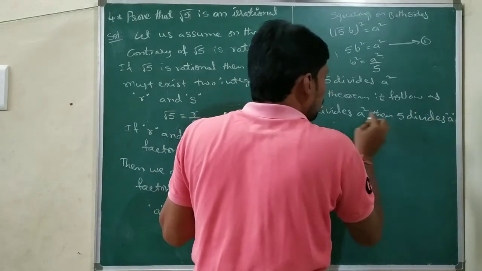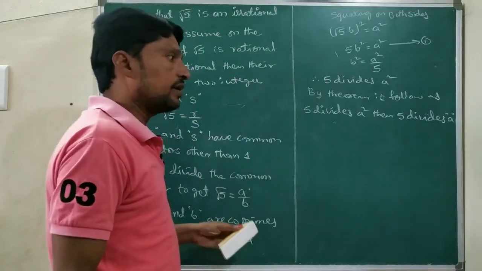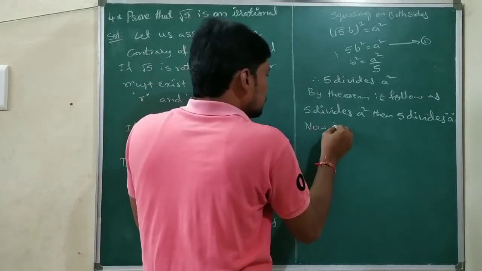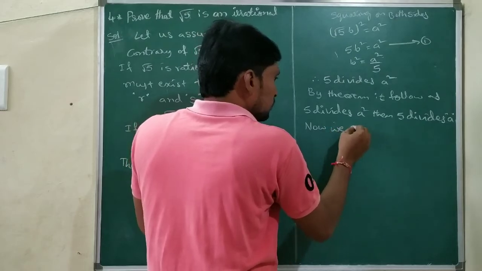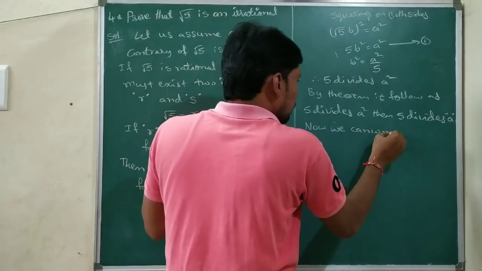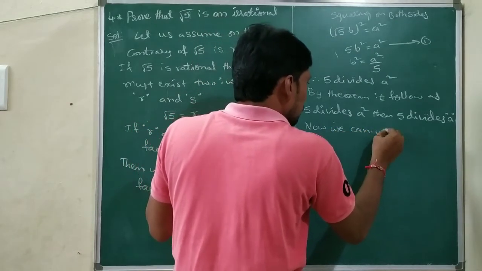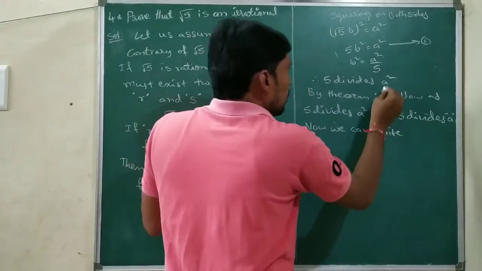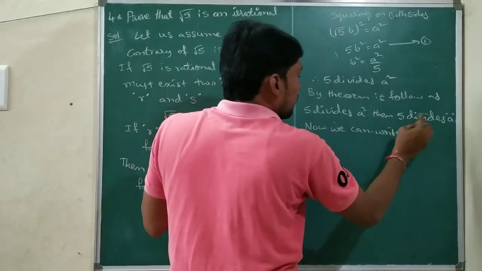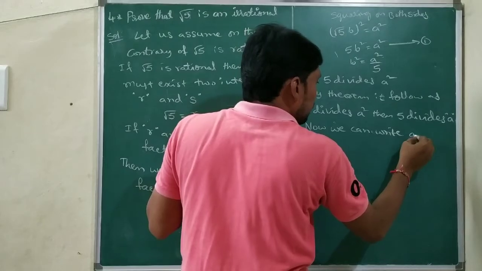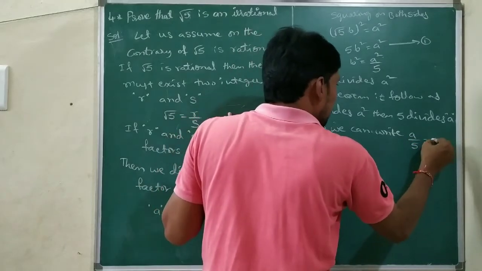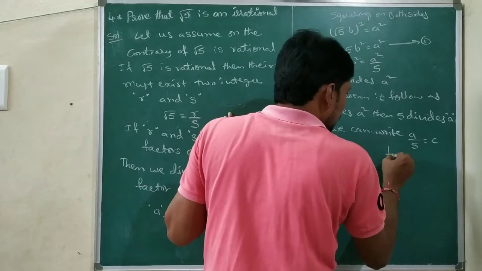Now we can write, how we have to write it? This 5 divides a means a by 5 equals, so a by 5 value we are getting, c. So for some c.